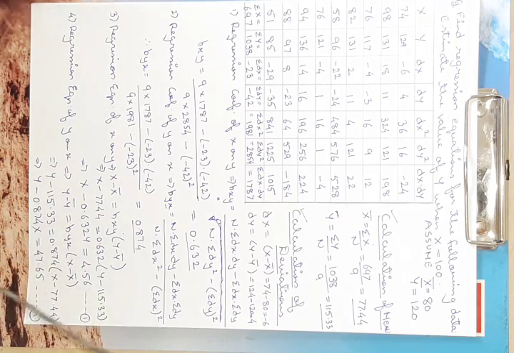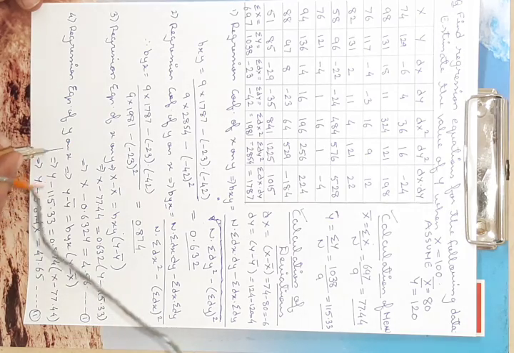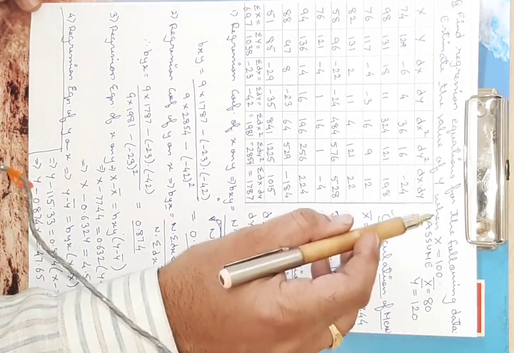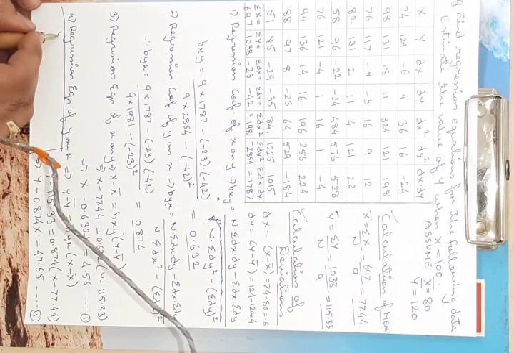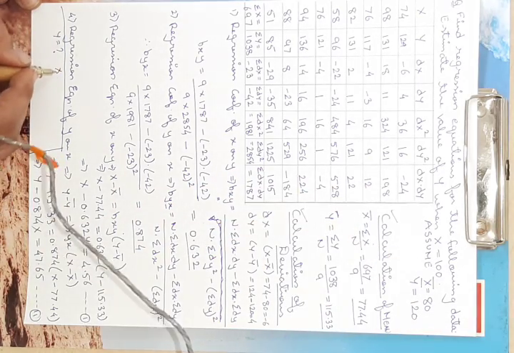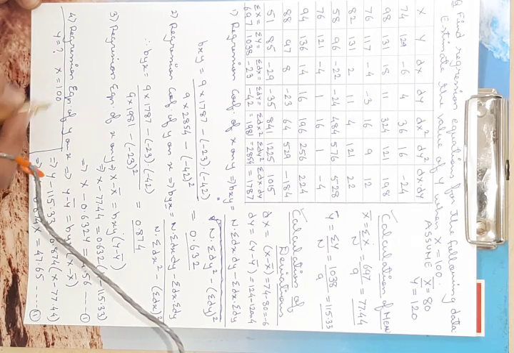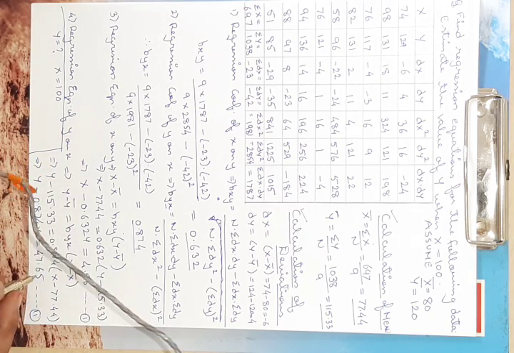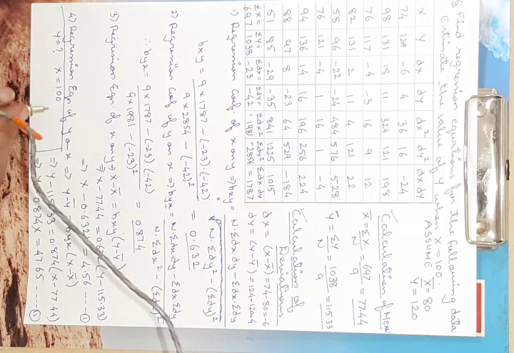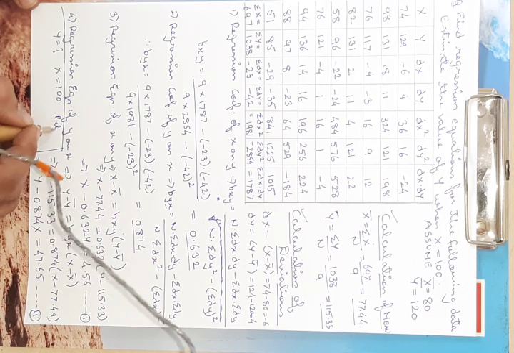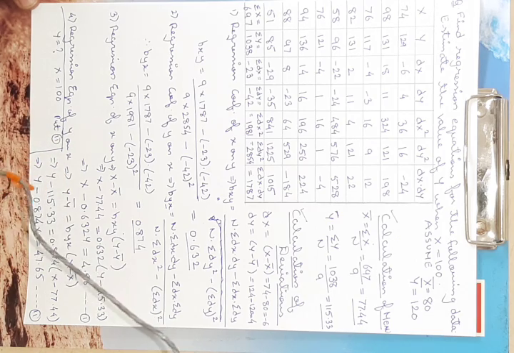Now friends, we don't have to stop here. We have to find out the last item, that is find the value of y. We want to find out the value of y when the value of x is 100. Now we can put this value of x, 100, in any of the equations. Let us put it in equation number 2.